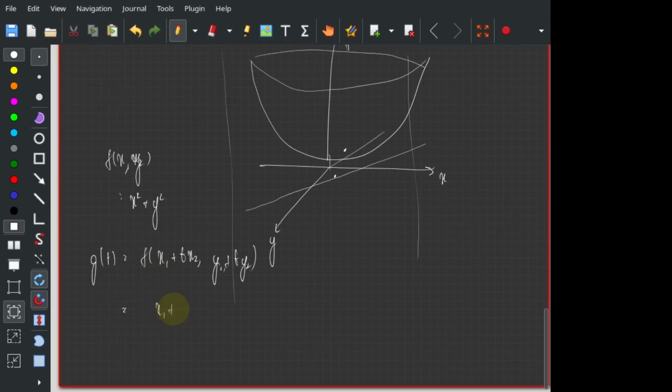So this is x1 plus tx2 the whole square plus y1 plus ty2 the whole square. So this is a function of t, remember. You're fixing two points x1 and x2, and you're allowing t to vary from minus infinity to plus infinity. Would this function be convex?